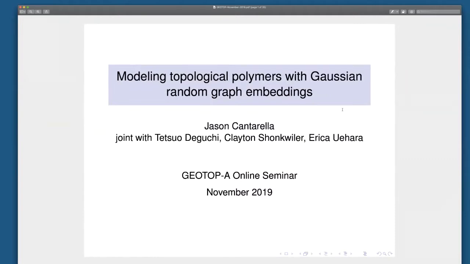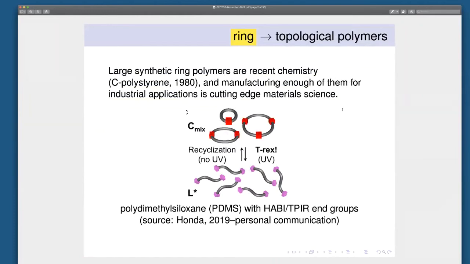So here we go. Just to give a little background, because I know this is a broad audience, usually in polymer science you have linear polymers like these ones I'm indicating with the mouse down below. And if the ends bond to each other, you can form ring polymers or cyclic polymers.